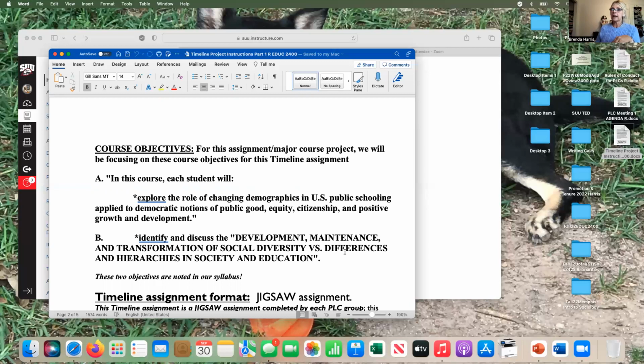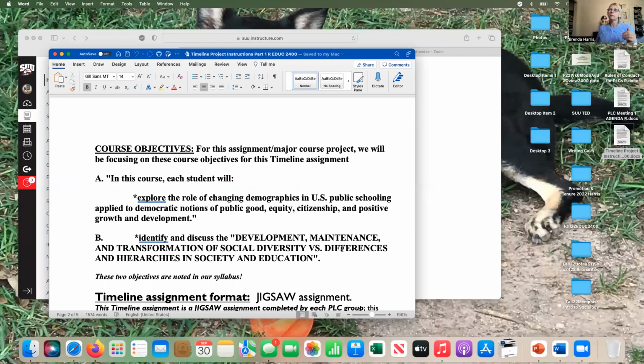Even today, if you look at stats of the leaking educational pipeline, you will see, for example, that Indigenous learners tend to be pushed out of the pipeline at just massive rates. And so this is why this topic here is so important. Even though differences are different, they're not equally valued in a hierarchy, which means that some are valued more than others. And how do we know that some differences are valued more than others?